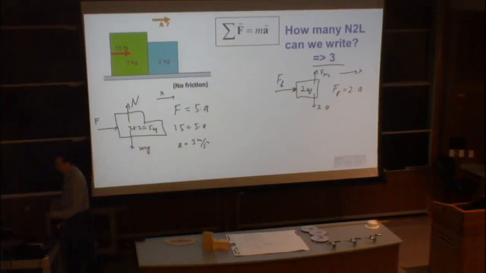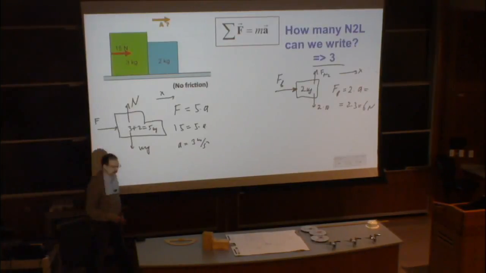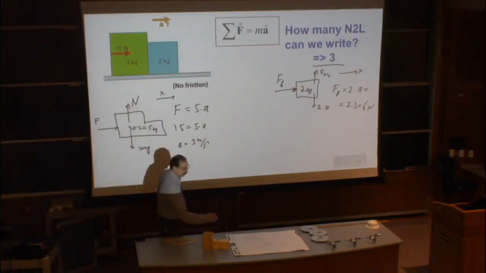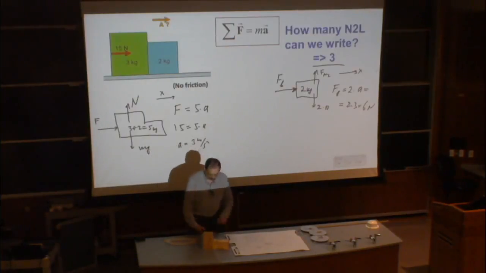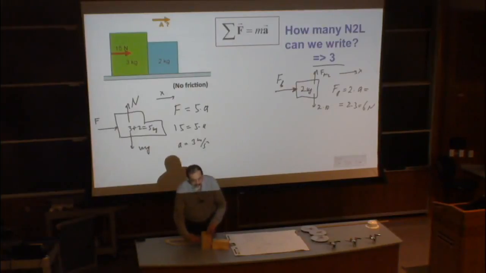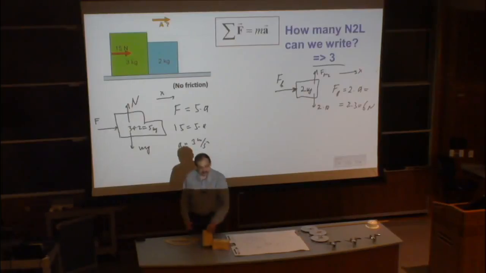So what does it say about acceleration? Acceleration is the same, 3. This force is 6 newtons. Why is it not 15? Because 15 newtons force is not applied to the blue box, it's applied to the green box. My hand doesn't touch here. See? I cannot put it through. That's why it's not 15.